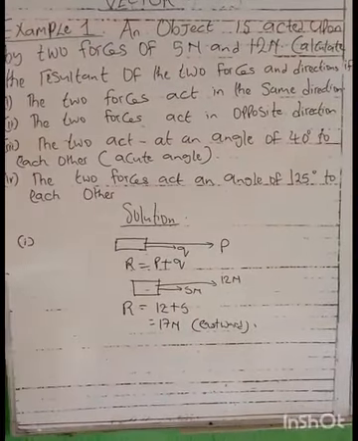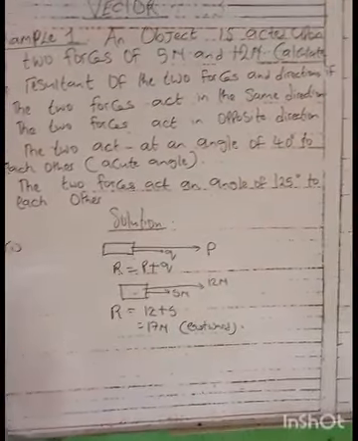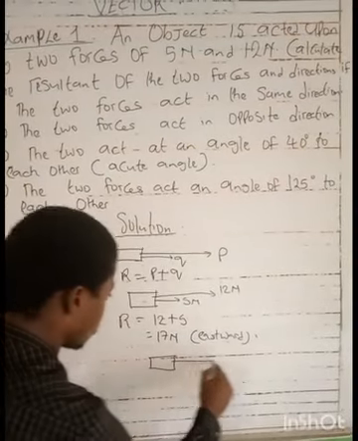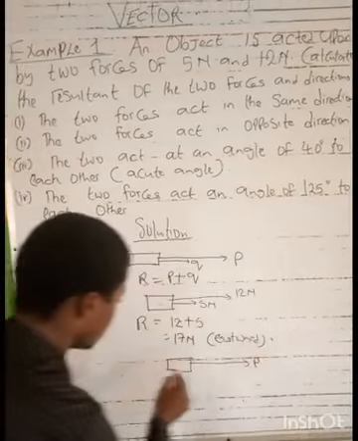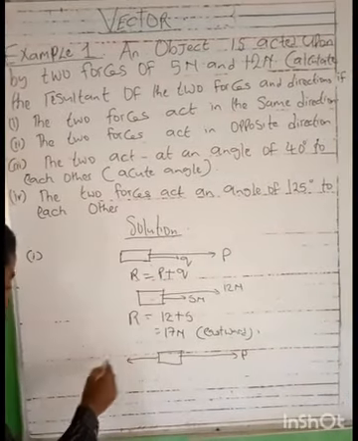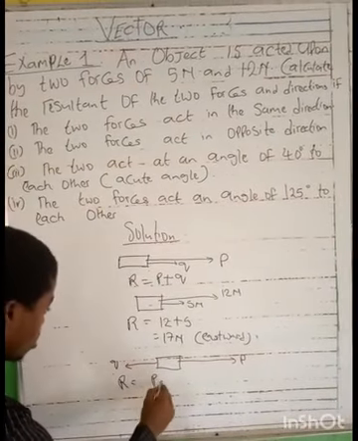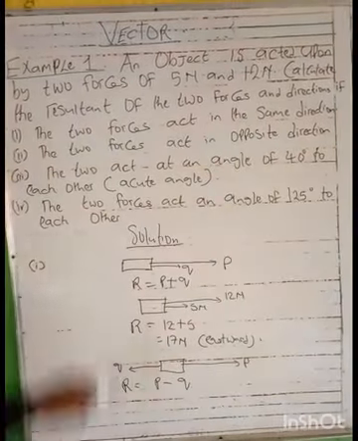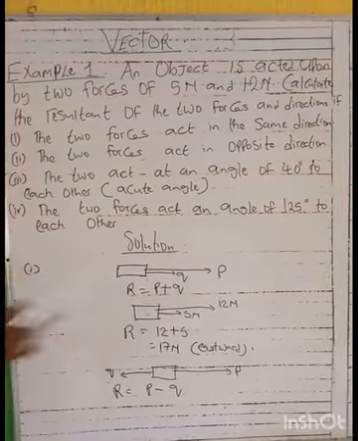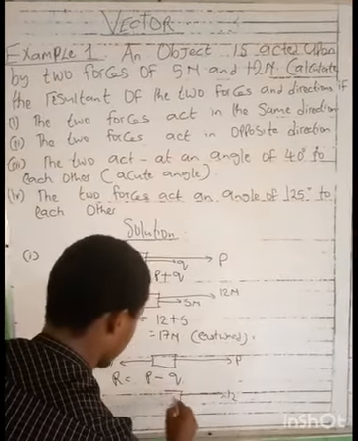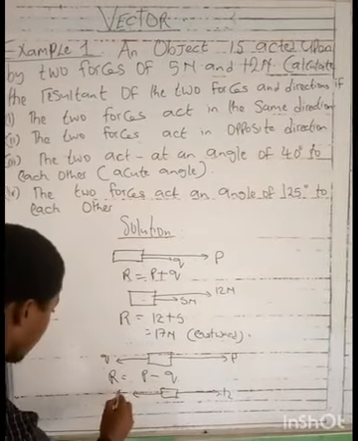When the two forces are acting in opposite directions, if I have the object and the first force is moving towards the east, force P, and the second force is moving towards the west, force Q, my resultant is equal to P minus Q. According to the question, we have one moving in this direction, 12 Newton, and the other force moving here, which is 5 Newton.